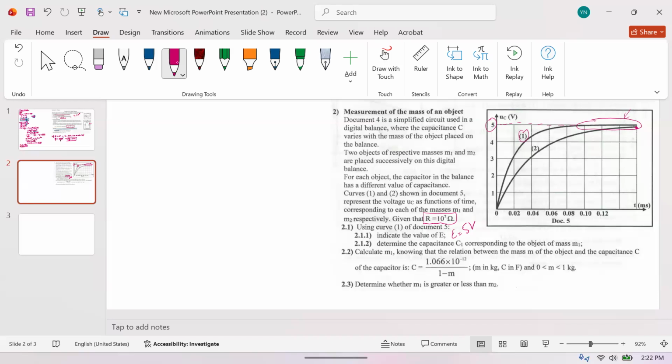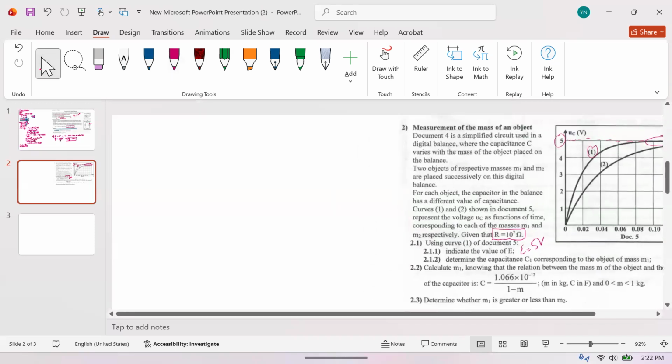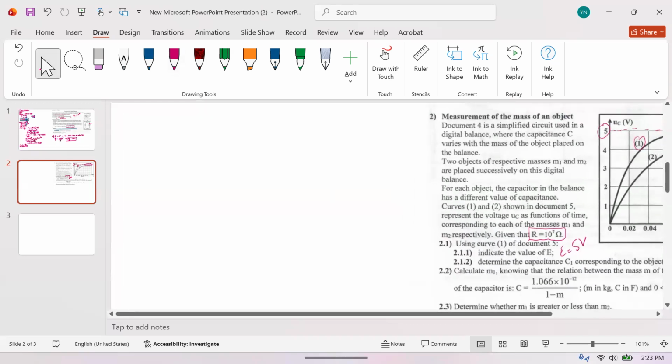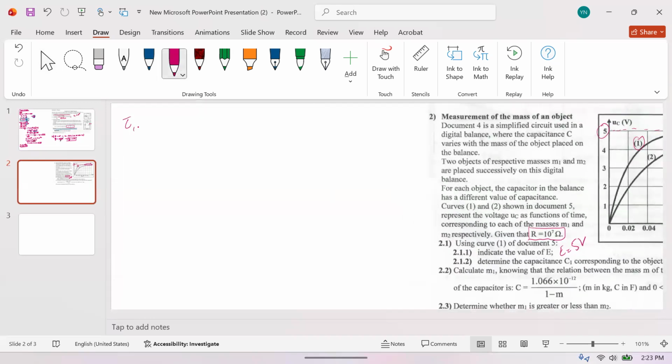Now, 2.1.2. Determine the capacitance C1 corresponding to the object of mass M1. How can I calculate C? Now, I can clearly think about the theoretical way to get C, and it's tau equals R times C1. You ask me, why am I thinking about that?